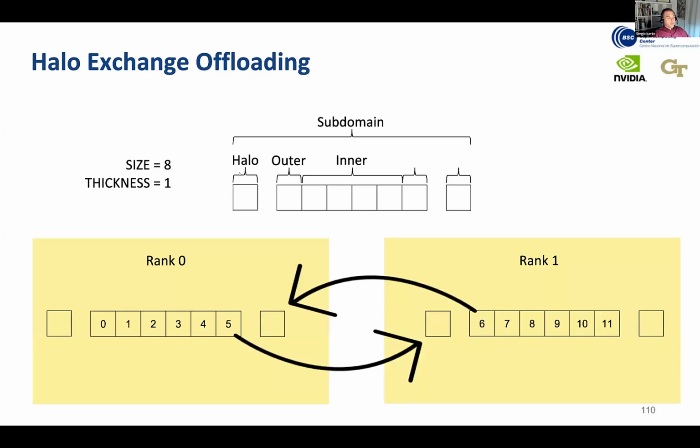So this outer subdomain is sent to the halo of the neighbors. In this example, we are going to have two neighbors, left and right, and the outer subdomain is sent to the halo of the neighbor.